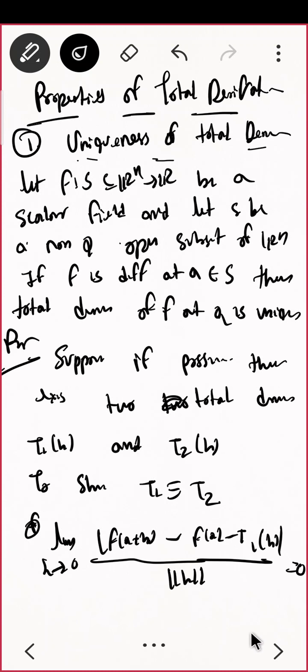Similarly for T2, the same formula will come. I am using the limit because this will be easy to prove for me. Limit h tending to 0 of f of e plus h minus f of e minus T2 of h divided by norm h is equal to 0 again, correct?